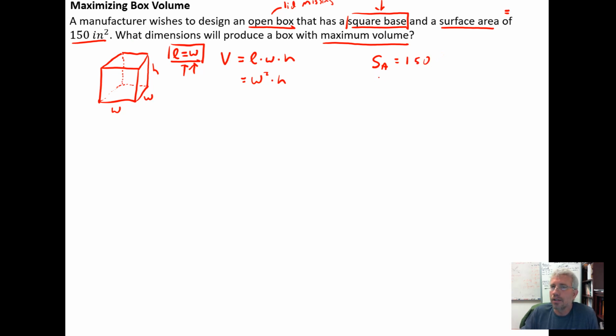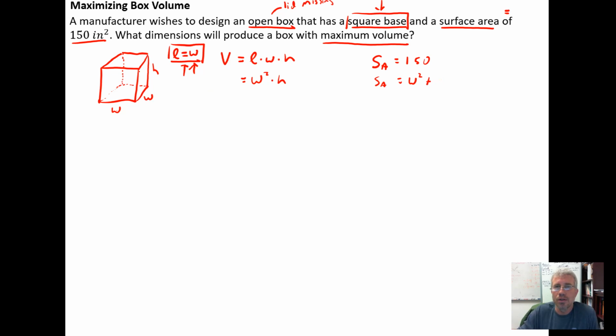But how do you calculate surface area? Well, that's just going to be the sum of the areas of the faces of the box. We're going to get the area of the base. The lid's missing. So the area of the base of the box is just going to be width times width, which is width squared. That's the area of the base.